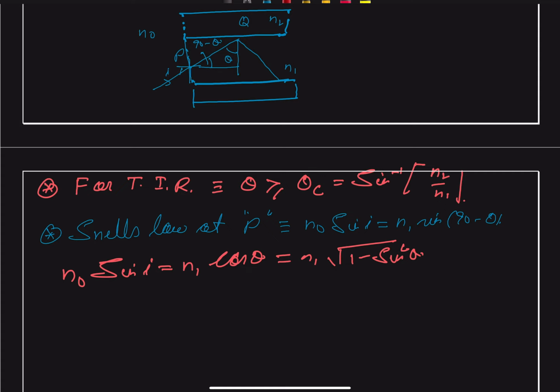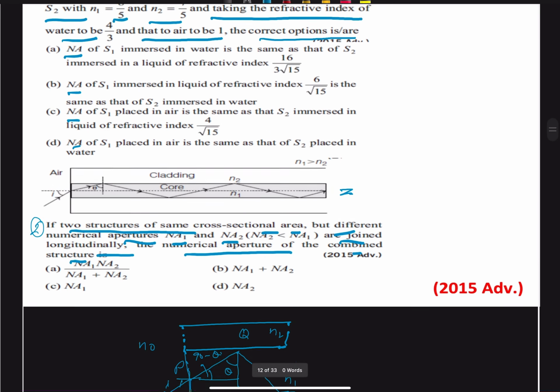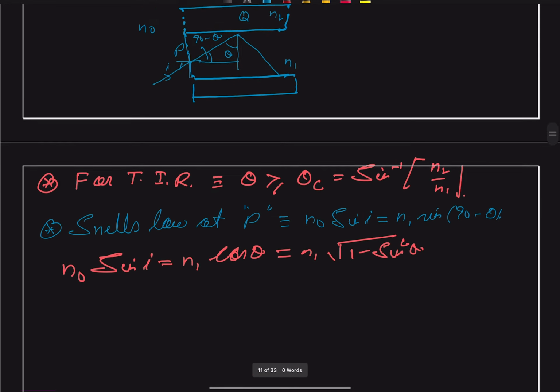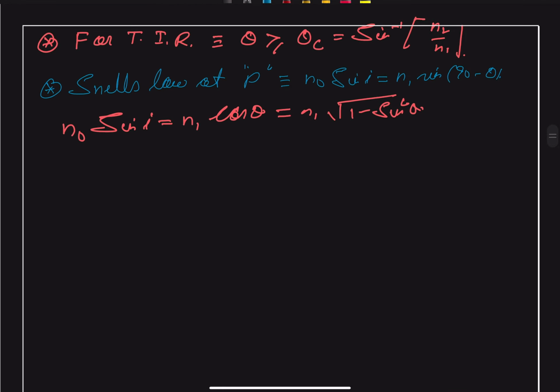So we can write the equation for the numerical aperture, which is also given in the question. The numerical aperture is given as sine of im, and im is a particular value of angle of incidence, with respect to which the light is confined by total internal reflection.